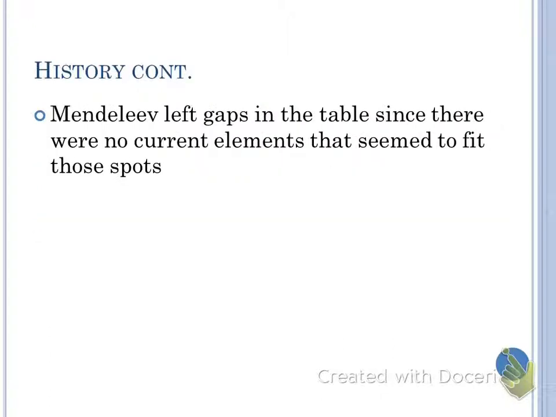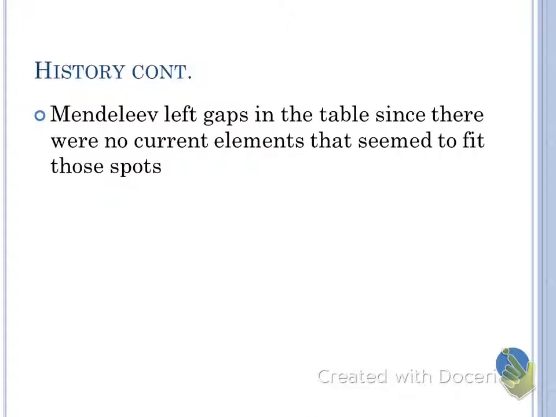So this guy grouped the elements that had been discovered by their atomic mass and by similar properties, but he left gaps because he knew or he suspected that there were more elements out there that had not been discovered yet.